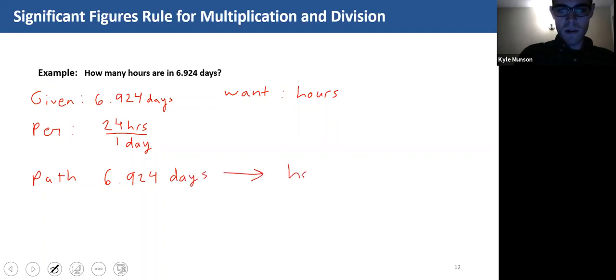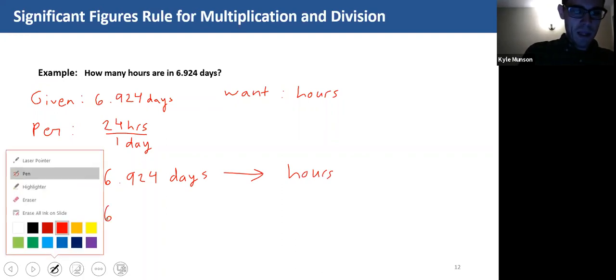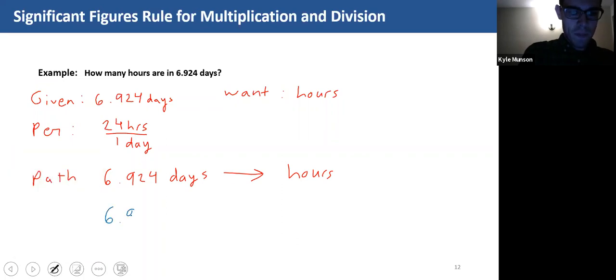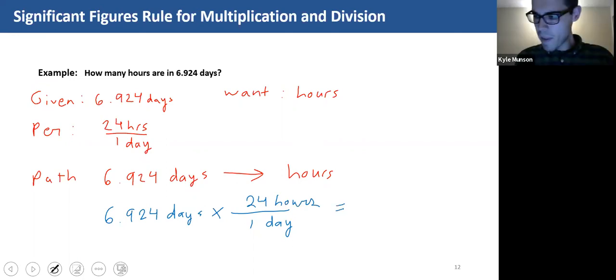Going to go to hours. And so I'm going to write that algebraically. Let me write it in a new color. Times for every 1 day, 24 hours. Okay, and when you put all this in your calculator, what I got is 166.2 hours.